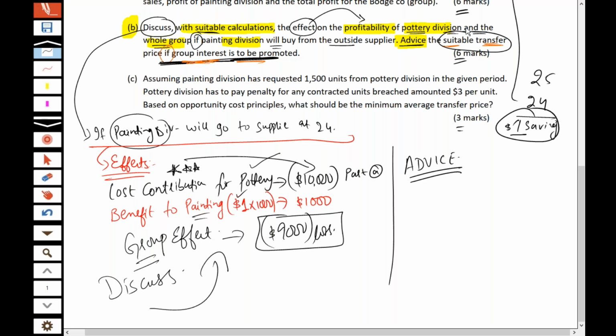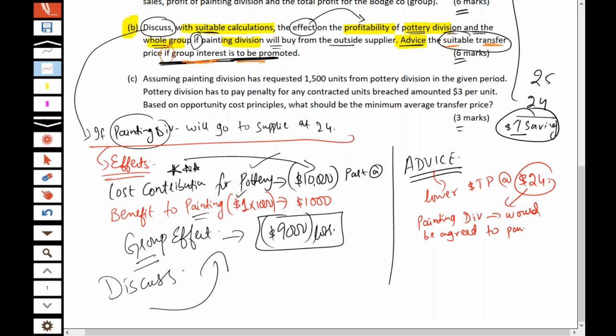Now come on, what is the maximum transfer price which the buyer division is ready to pay? The advice is to lower the transfer price to $24, because at 24 the painting division would agree to pay.